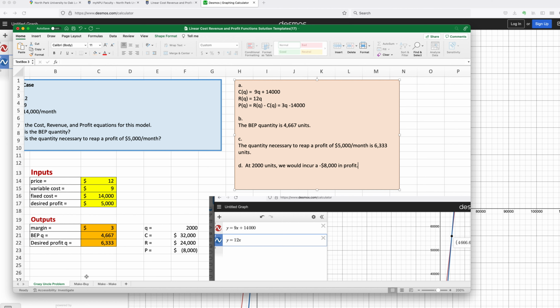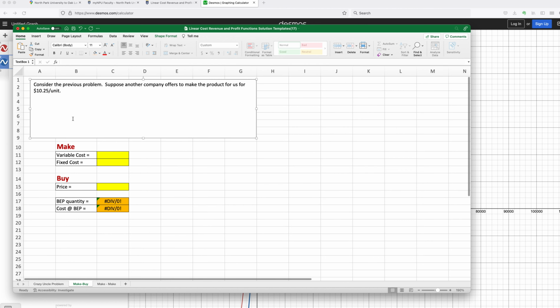Okay. So here we go. What do we have here? I want to find the break-even point for this alternative.